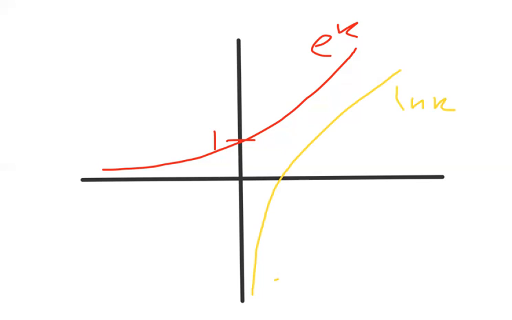So these are inverses of each other. That means that they are reflections of each other in the line y equals x. This is sketching, so it's a bit rough.